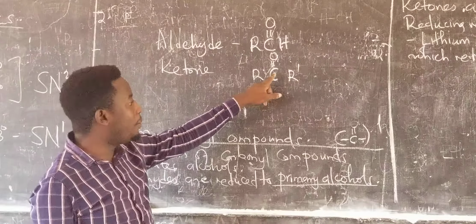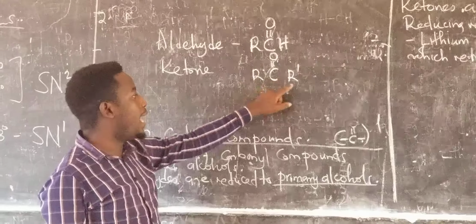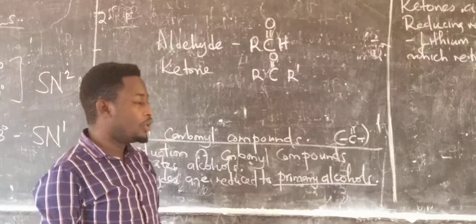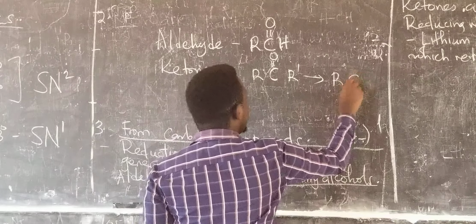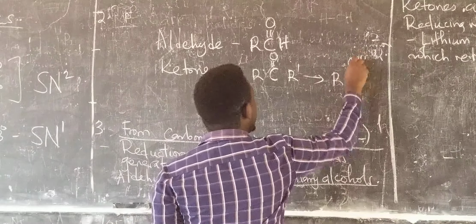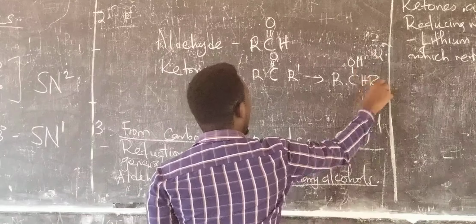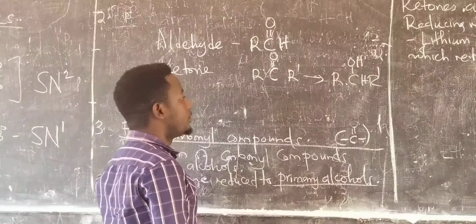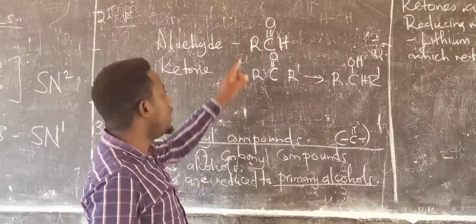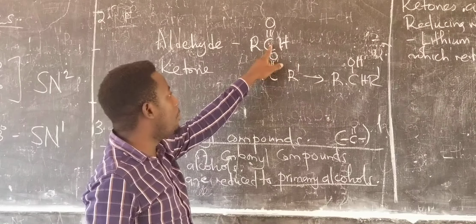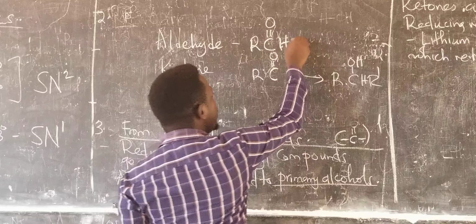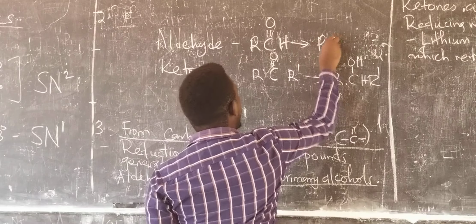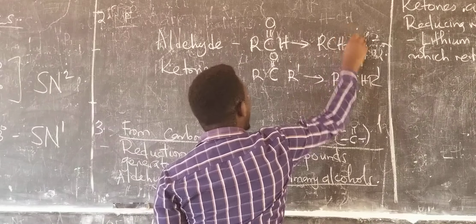Why? Because this carbon with the functional group already has two alkyl groups. So it means the secondary alcohol we shall have is R-CHOH-R, secondary. However, here, since this carbon with the functional group has only one alkyl group, this one shall be reduced to a primary alcohol, CH2OH.